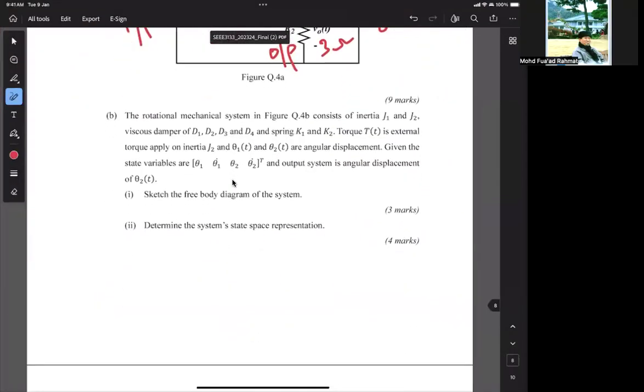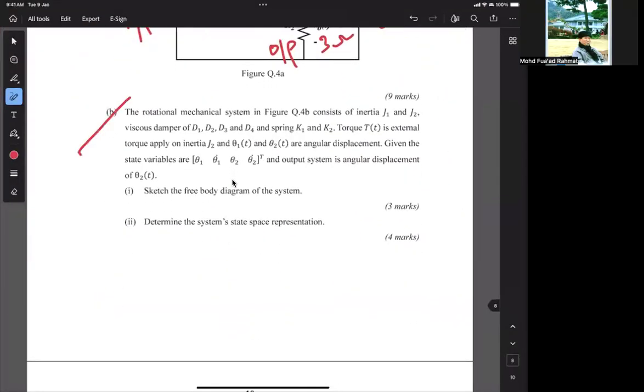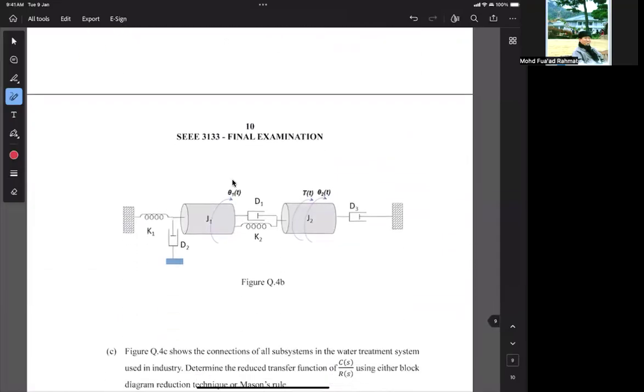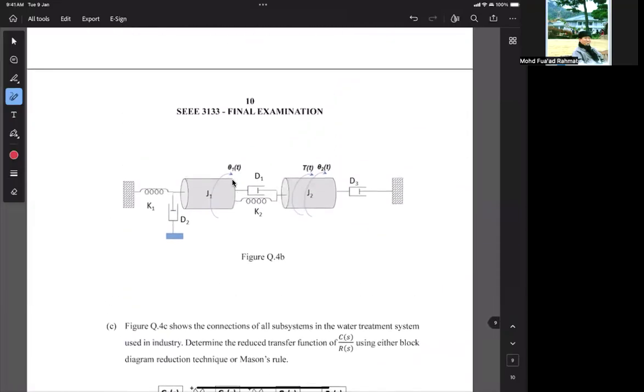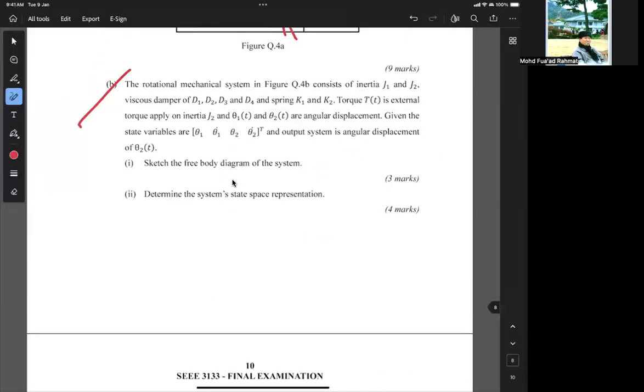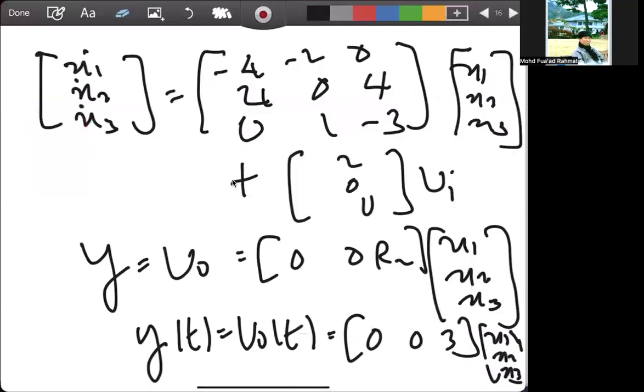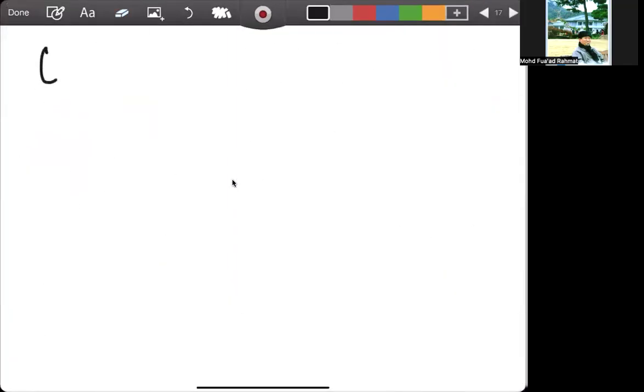Question 4b is the rotational mechanical system, which is given by this, right? So we have to determine the state space representation.